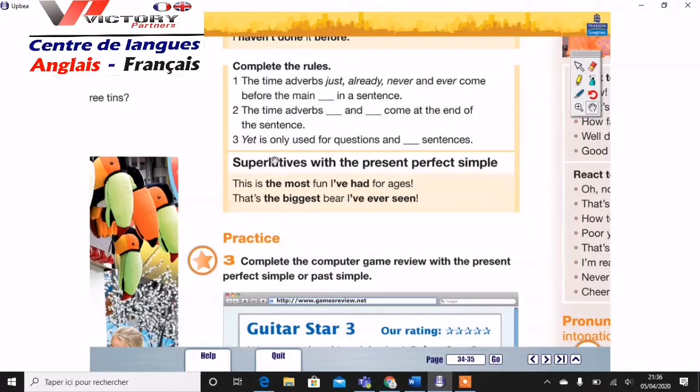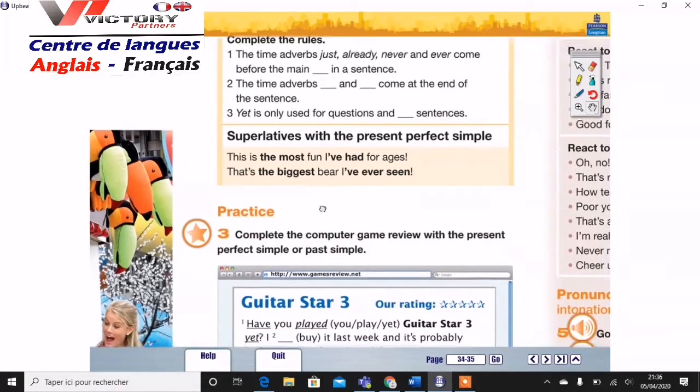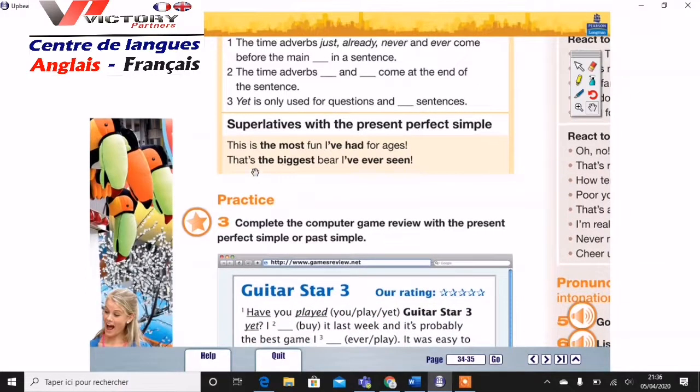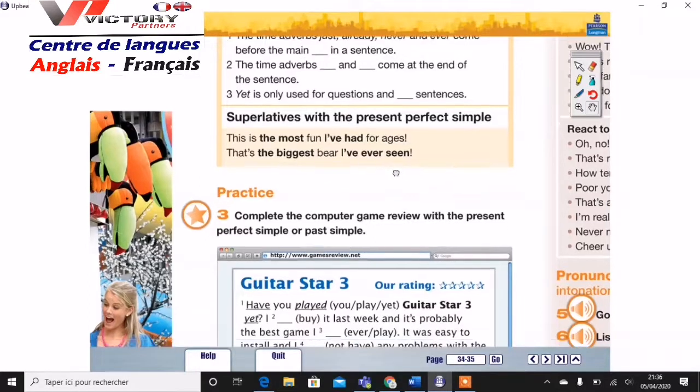That's why we reviewed superlatives and the present perfect, because you use them now in your lesson. So this is the most fun I have had for ages. As you can see here, we have the superlative, which is the most, and present perfect I have. That's the biggest bear I have ever seen.